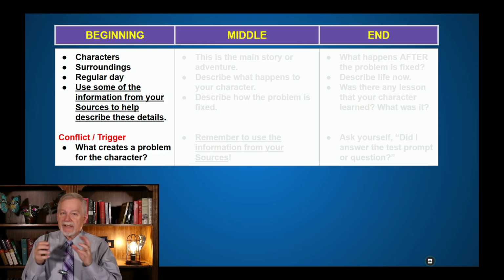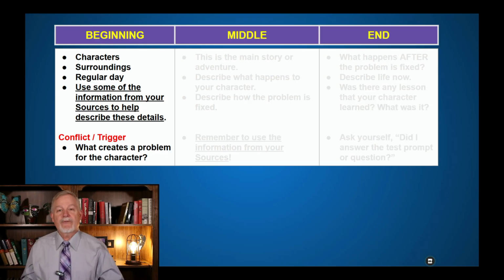Okay? You got to come up with something that creates a reason for your reader to keep reading, to be interested, right? Cinderella is not a story if she never gets the notice that there's a ball. If the whole book is nothing but her scrubbing and cleaning and washing clothes, wow, that would be so boring.